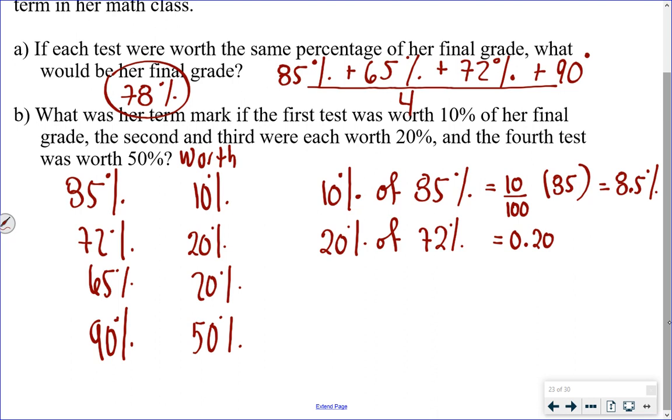So we need to multiply that by her 72% to find out how much that mark is contributing to her final mark. And I'll give you a minute to do that calculation, and confirm that you get 14.4.